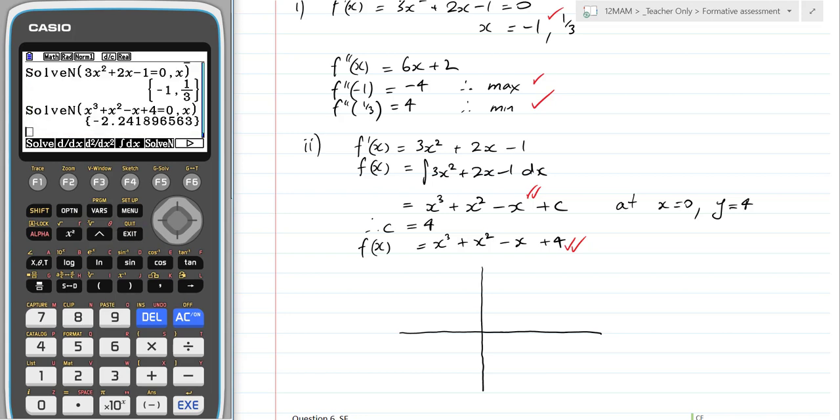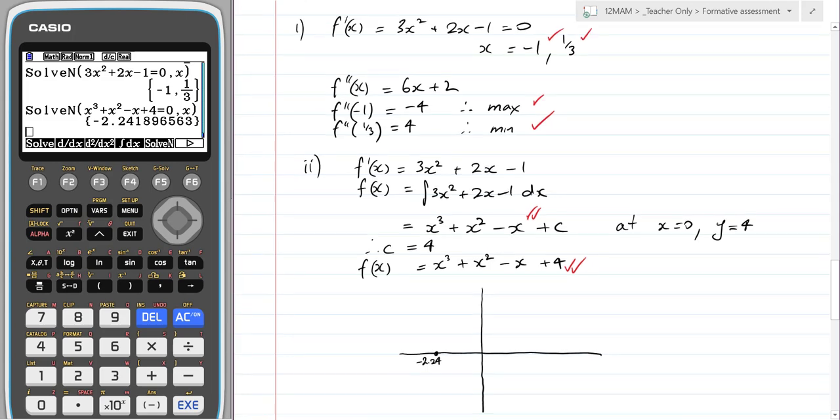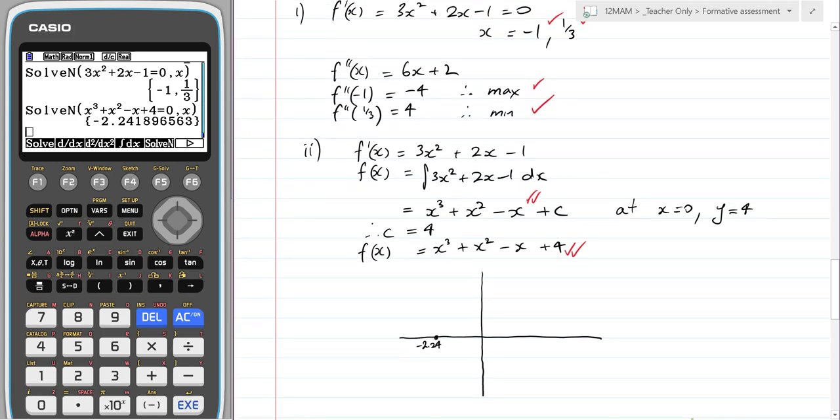I've got one solution and it's here. I suspect it's probably an irrational number and has a square root representation, but this will do. So I write -2.24. That means that because it's a positive cubic, it comes up like this, goes to a maximum at -1, it goes to a minimum at a third, and then it keeps on going like that.